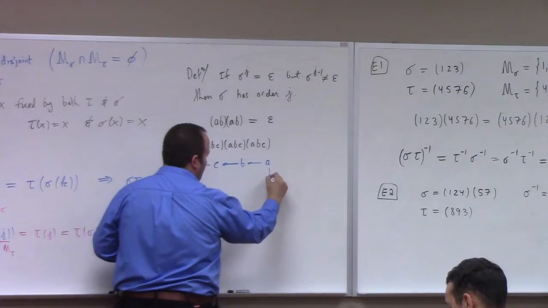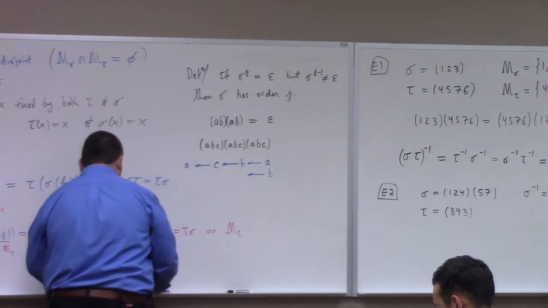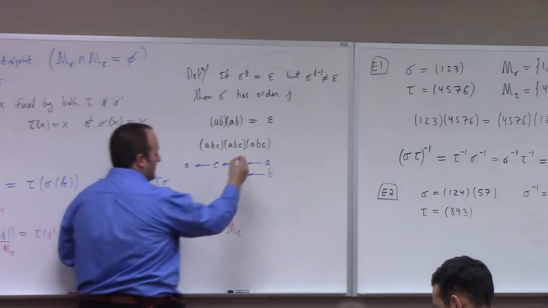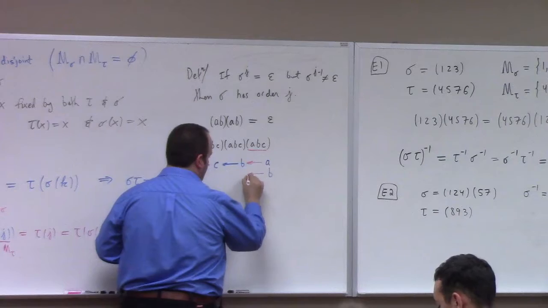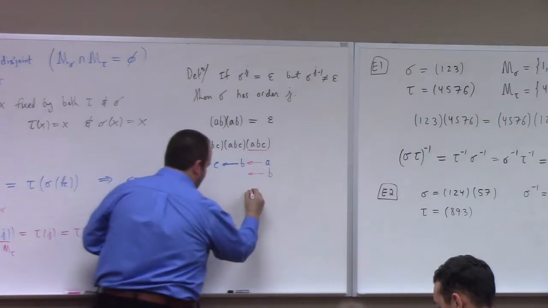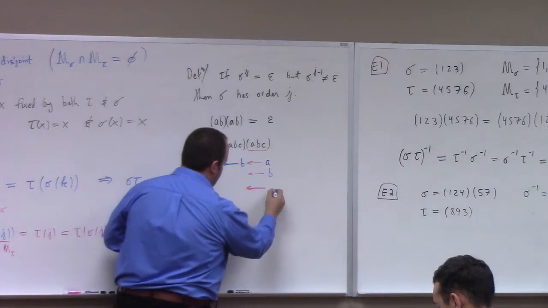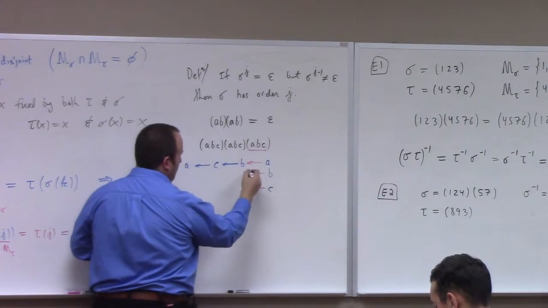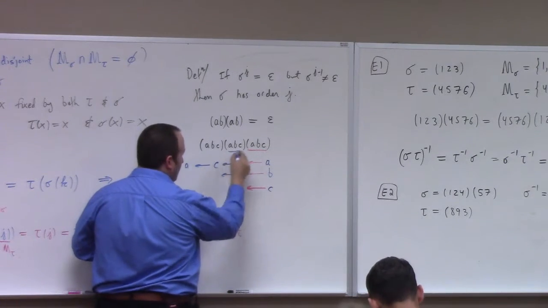If we start with B, I should really use some color coding here. Missed opportunity. So B gets sent to, you guys just told me a second ago, C. I'll make that blue.